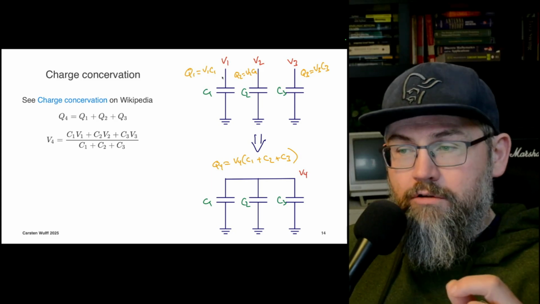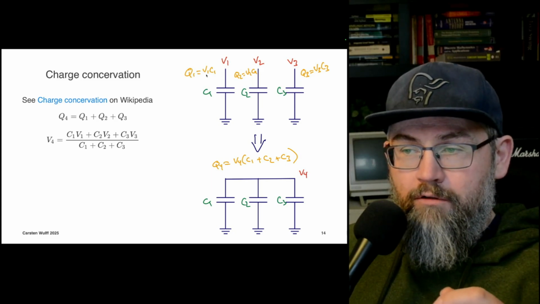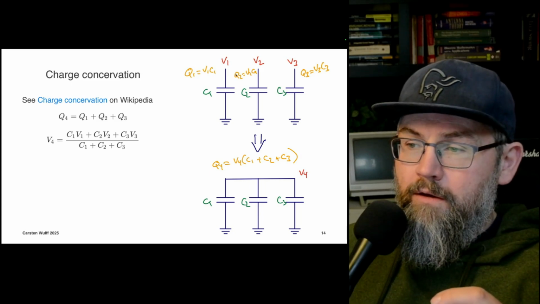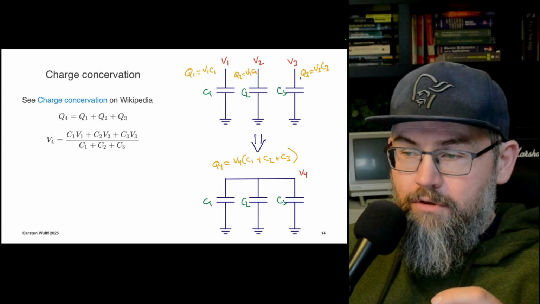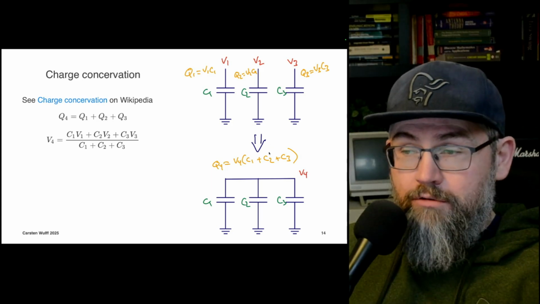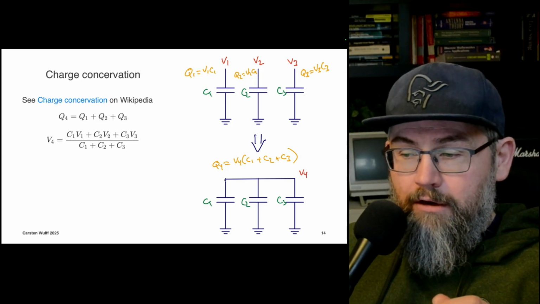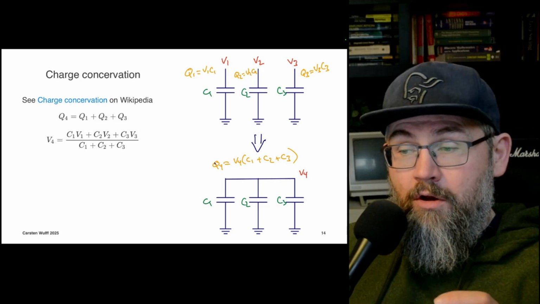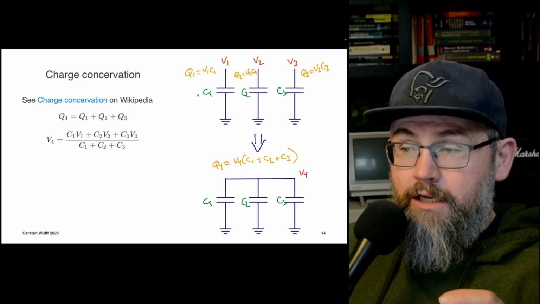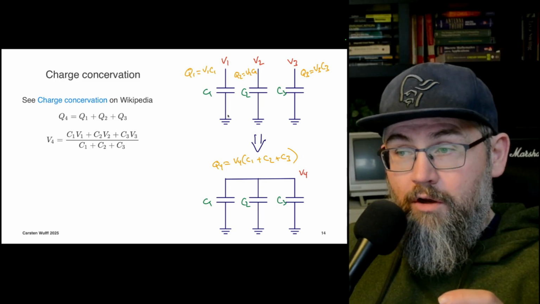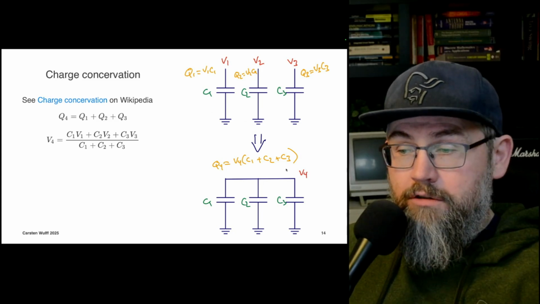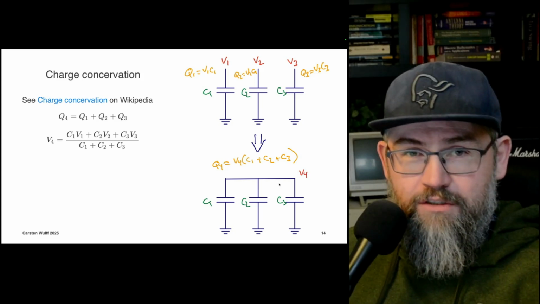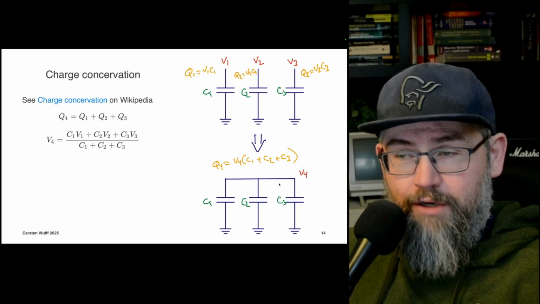So the charge on each of the capacitors will be given by the voltage times the capacitance for the individual capacitors. Now, if we use some switches to reconfigure the network and connect the top plates together, then we know that the charge in the first period has to equal the charge in the second period, assuming we do the switches right and the transitions between the configurations right.